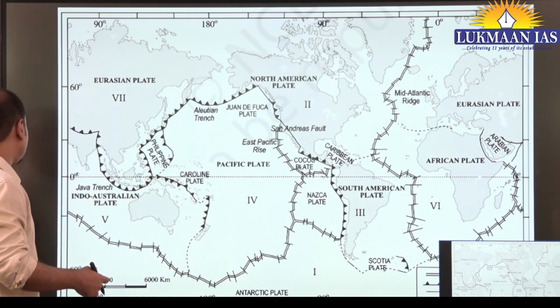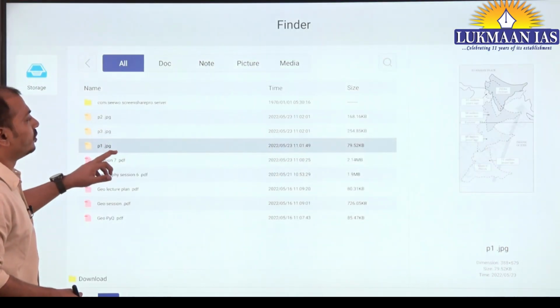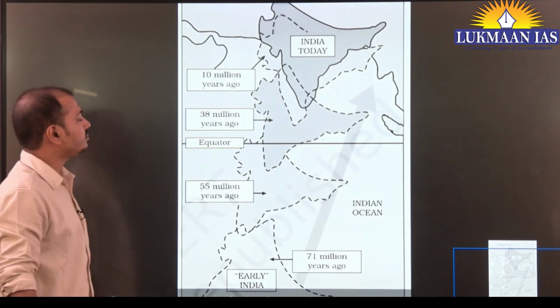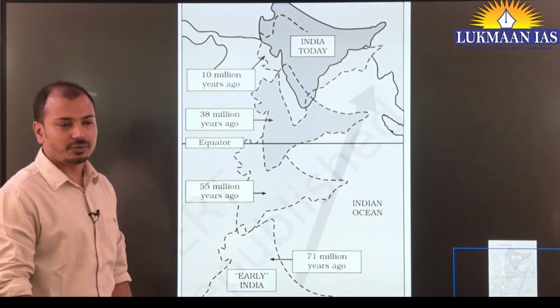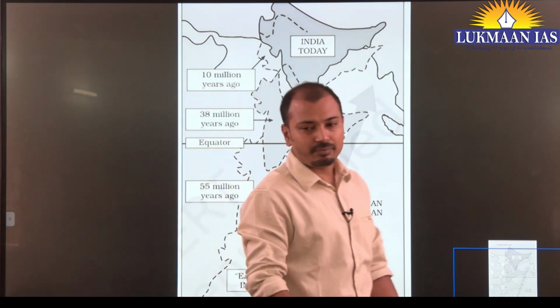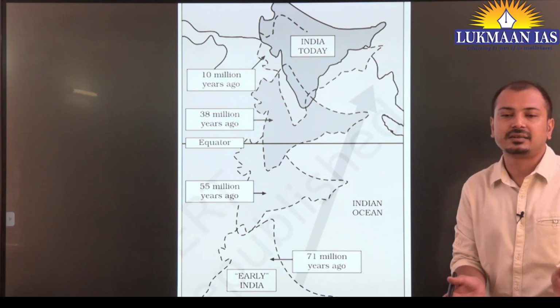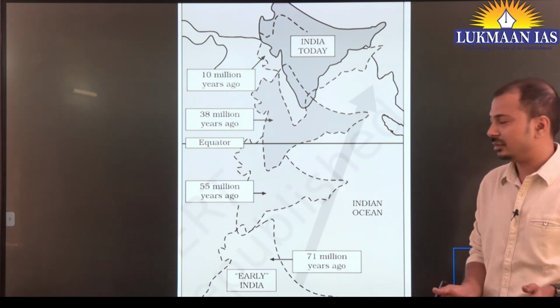ठीक है, तो NCERT में आपको वो डायग्राम भी दिया हुआ है. Look at this photograph. So 70 million years ago, Indian peninsula started separating from the Madagascar and Antarctic plate. They were attached together or linked together.